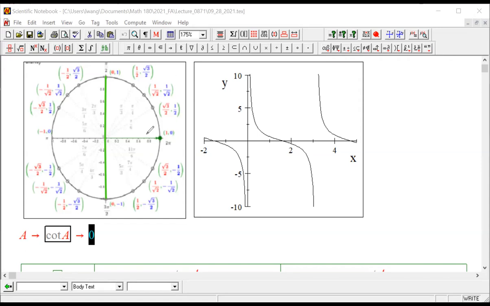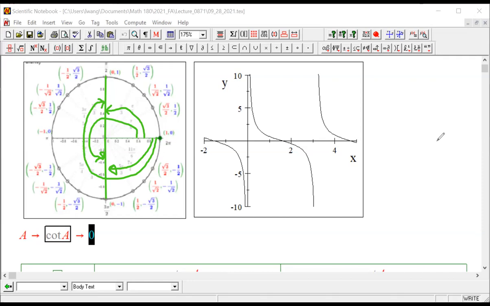Your angle would be pi over 2, 3 pi over 2, negative pi over 2. That will give you the x-intercept, and you can just keep going. What did you find? Odd number multiples of pi over 2, aren't they?